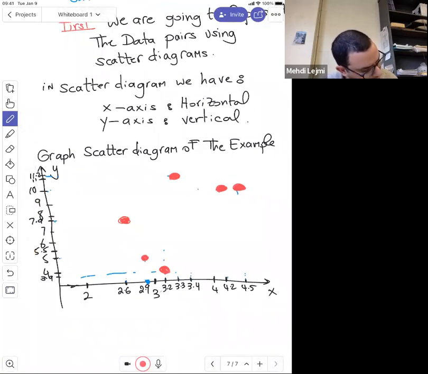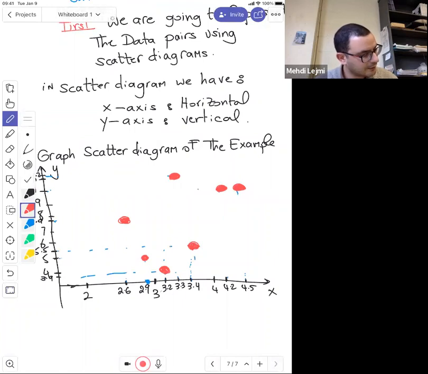So this is 3.4 and 5.5. It's right here. Okay, so there's this point here. All right, so this is what I call the scatter diagram.